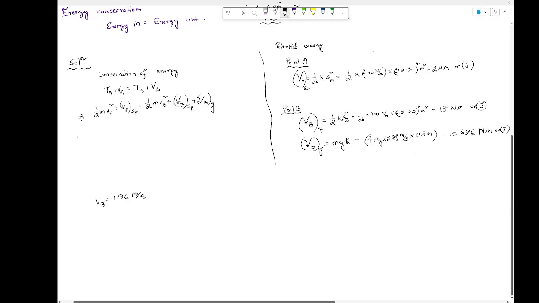Okay, so half of 4 kg multiplied by V squared. I think the catch is, plus VA.